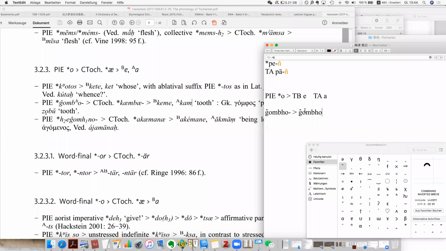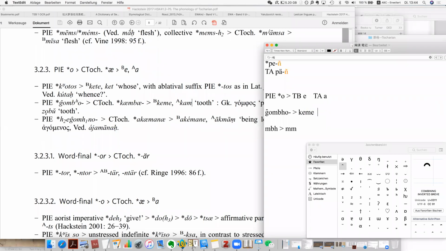So first, the voiced to voiceless, right? So it would be a k, and then there's an assimilation to m, double m. Then the double m will be simplified. So this is a simple m, and then o becomes a r.